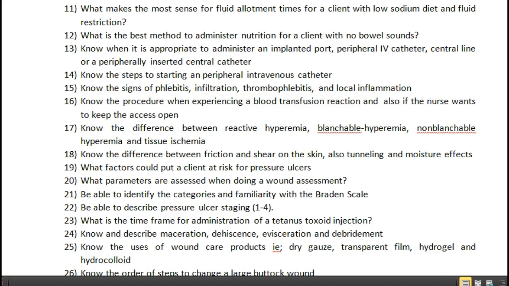That will be in the form of an IV infusion, so that would be the best way.